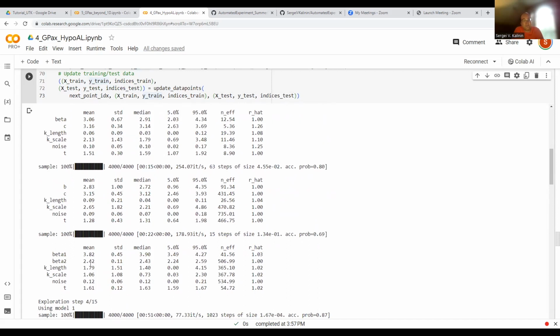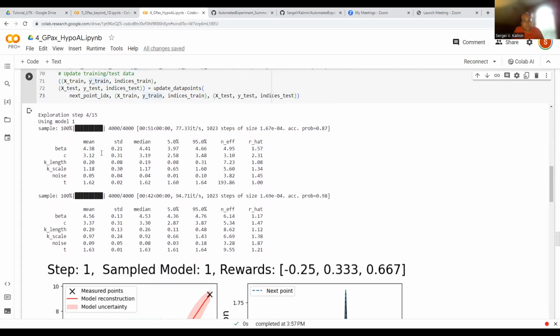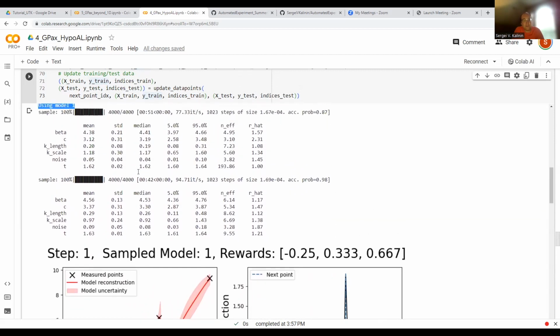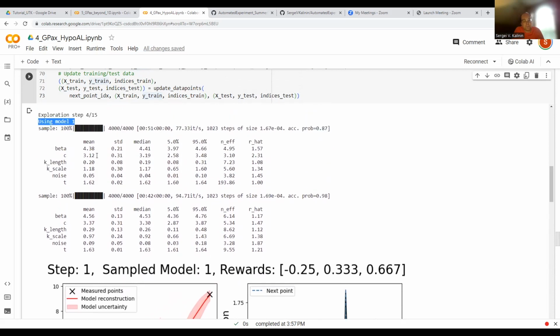After we are done with evaluating all 3 models and choosing our new experimental point, we start to run the exploration using the hypothesis learning. And in this case, this is our step 4. The algorithm has chosen model number 1. So for whatever reason, the algorithm decided that we need to explore the first model.